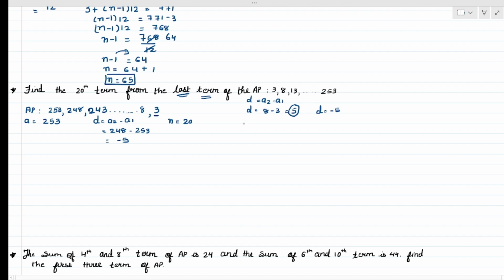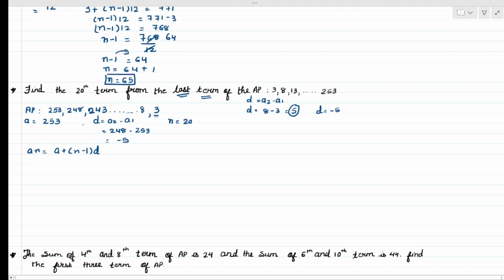So, for this, what will you do? Substitute the values. Instead of A, you will write 253. Instead of D, you will write minus 5. And instead of N, you will write 20. Okay. So, substitute the values. Write down the formula. AN equals A plus N minus 1 times D. So, instead of AN, what will you write?